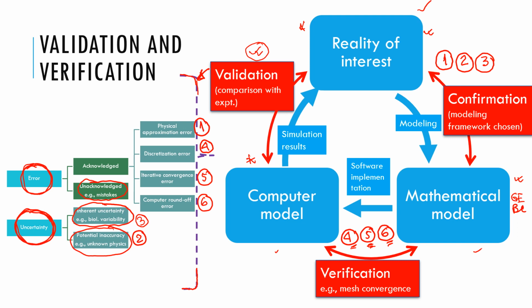For example, if the reality is not matched by the computer model and its estimated uncertainty, we go back and change the mathematical model, and that changes again the computer model, and that will introduce additional steps, and the whole process is iterative.